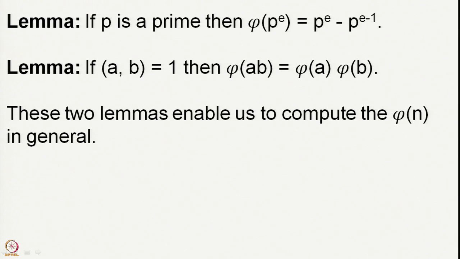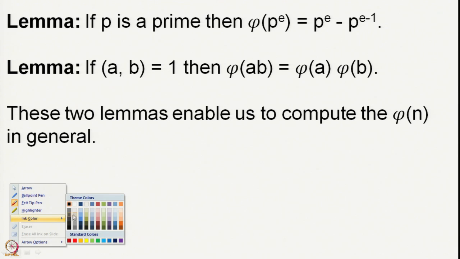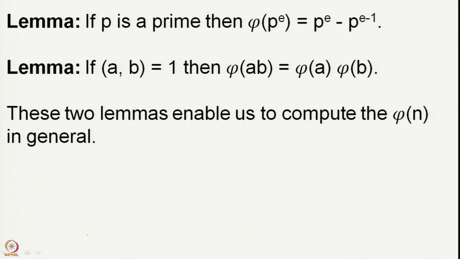Then we saw these two results: whenever your number is a prime power, the phi function is given by this formula, p power e minus p power e minus 1, and the second statement tells you that whenever a and b are coprime, then phi ab is phi a into phi b.